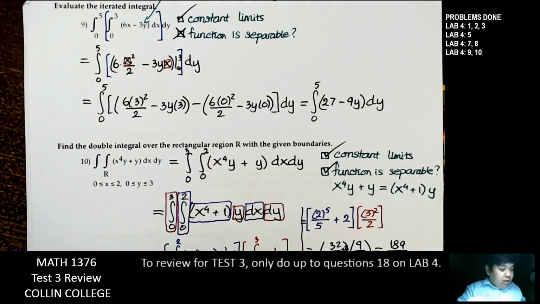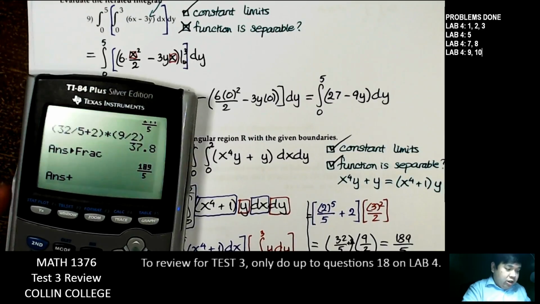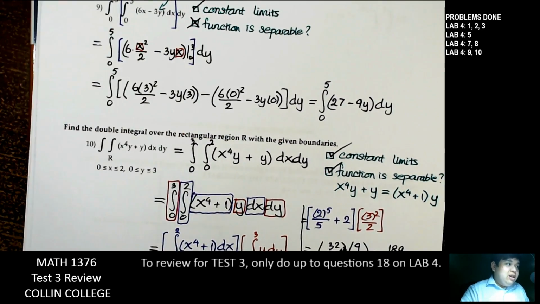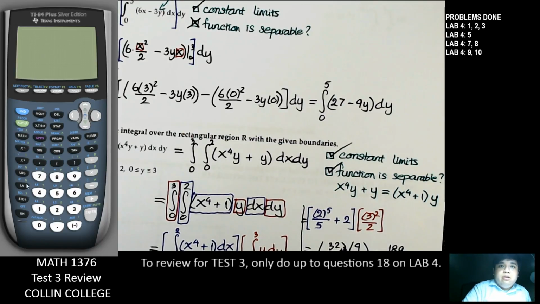So from this one, as mentioned before, for the single integral, we just evaluate the integral. Right. Math option number 9, from 0 to 5, 27 minus 9y.